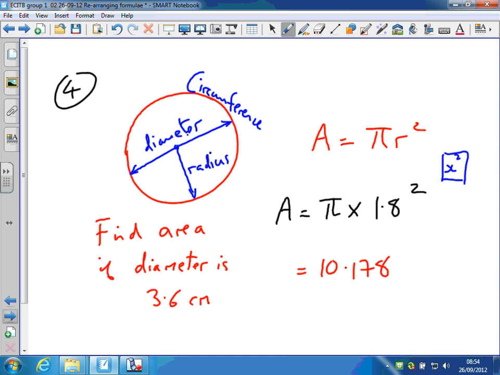Unit? Daniel, unit? Look at the unit for the diameter. So what unit will this be? Square. What squared? Centimeters squared. Okay.